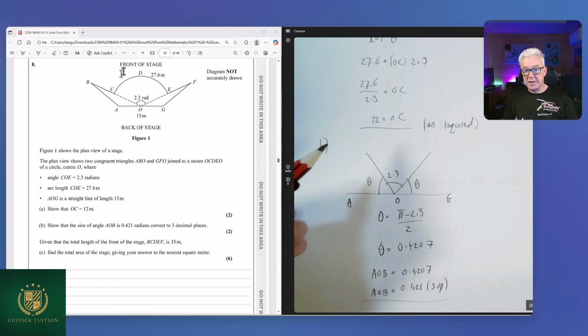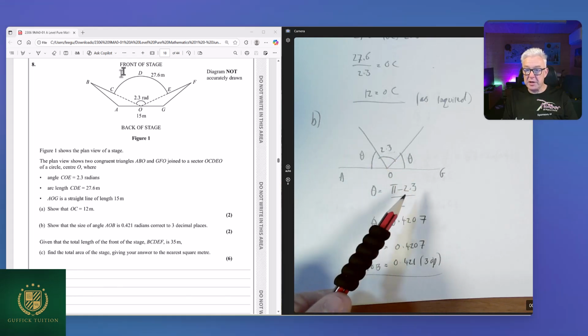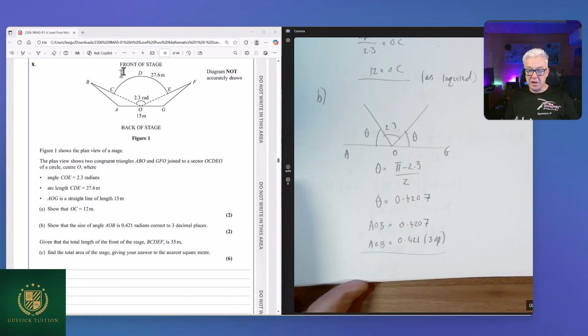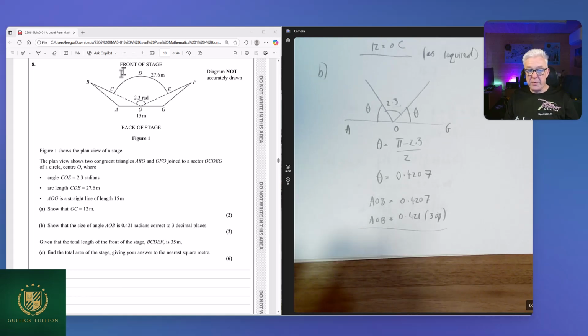I've just said that that is theta and theta. So we've got a straight line, which is pi radians minus 2.3, divided by 2. That's going to give us our angle theta, which is 0.4207. But when we give that to three decimal places, that is 0.421 as required. So that's part B, quite nice for 2 marks.